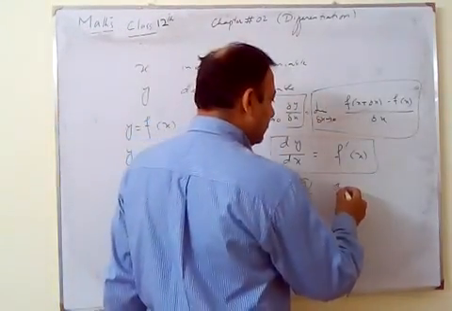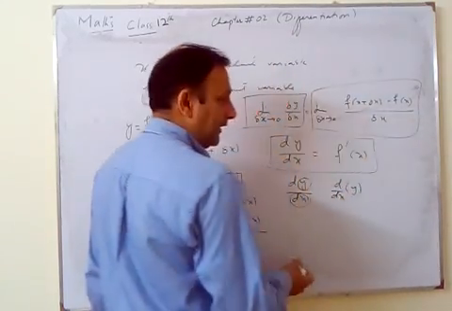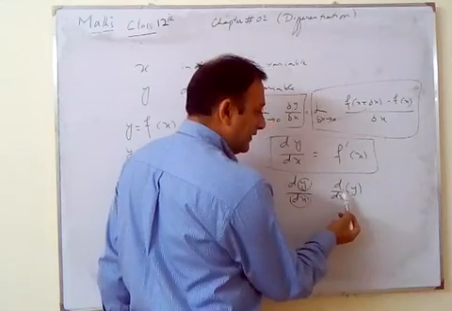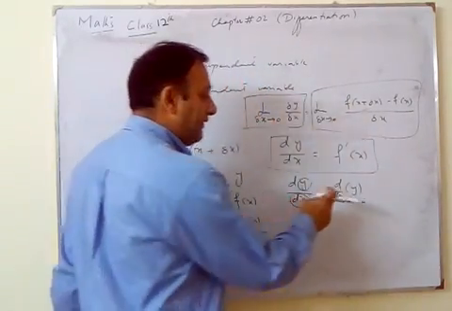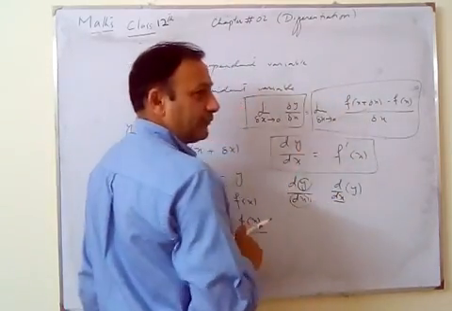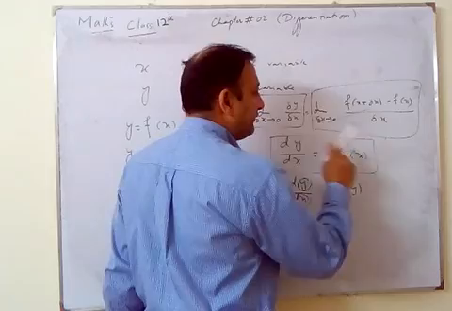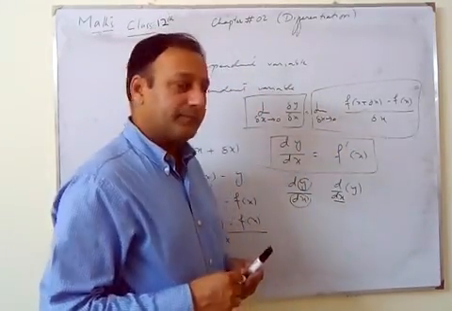This is basically d over dx of y, the derivative of y with respect to x, and this is also the notation f prime of x. It means the first derivative.